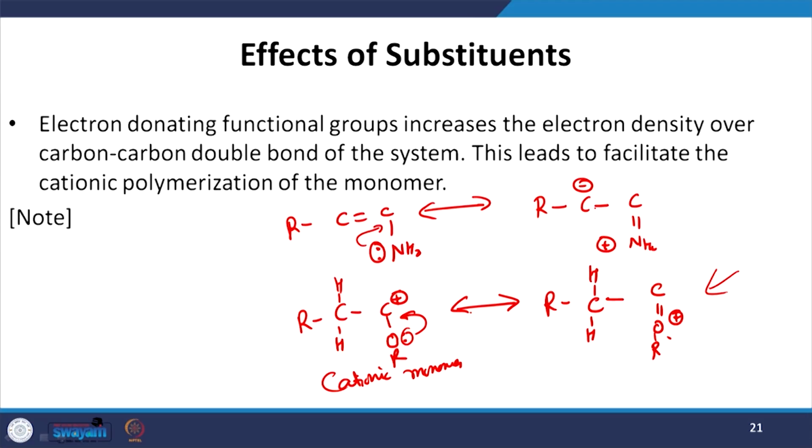Now, sometimes electron withdrawing groups also play a very vital role while discussing this particular approach, and specifically we would like to discuss it with the help of the acrylonitrile approach. In the previous example we discussed all those things. Now, alkoxy substituents allow the positive charge to be delocalized.